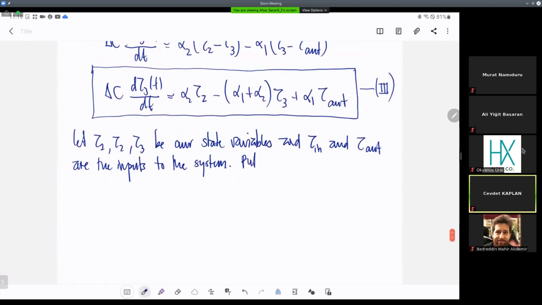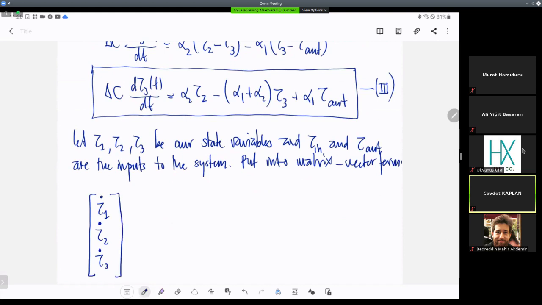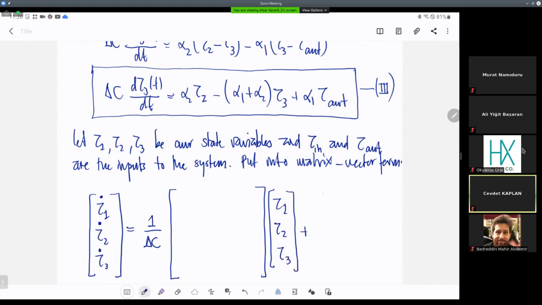Because the system has two interfaces with the outside world, there are two inputs. We can actually apply two transient inputs from the two sides. So let us put this into matrix vector form. Tau 1 derivative, tau 2 derivative, tau 3 derivative. We need to divide everything by delta c because it's a factor on the left-hand side, and then we have a matrix times the state variables tau 1, tau 2 and tau 3, and we also have 1 over delta c, another matrix, times the vector of inputs tau in and tau out.